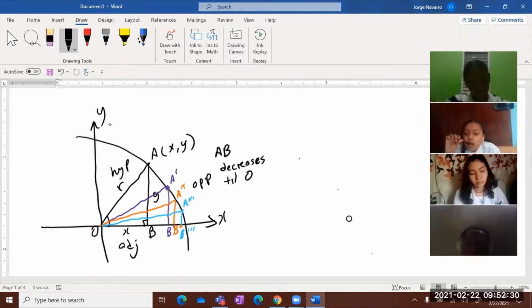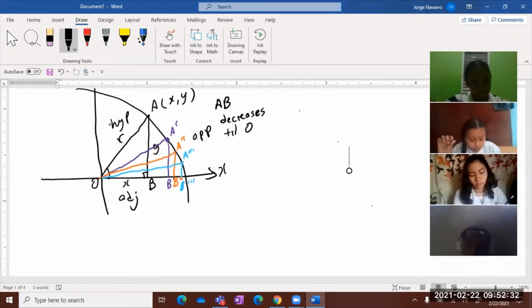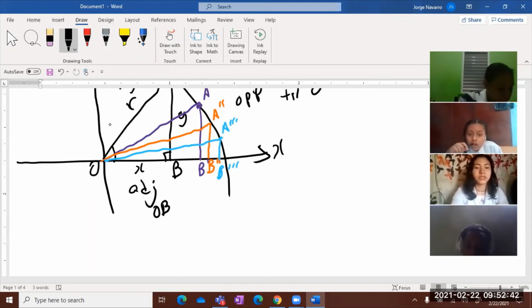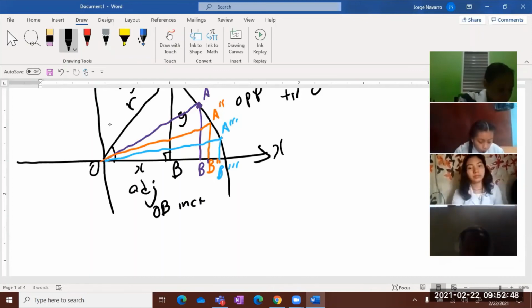Okay, now what's happening to OB? Is it getting smaller? Getting bigger, sir? It's getting bigger. It is increasing, and it will increase until it becomes what?